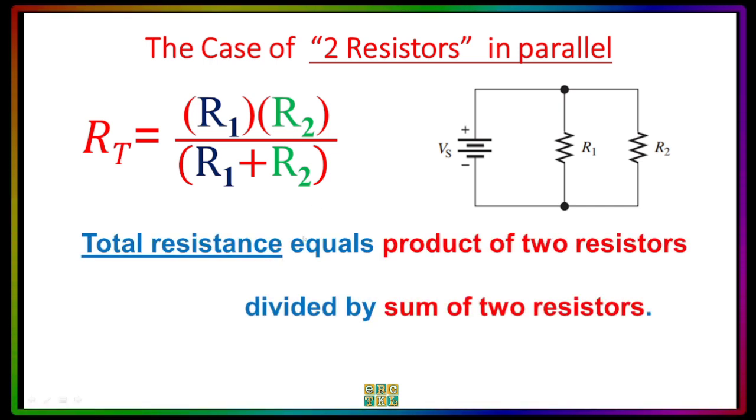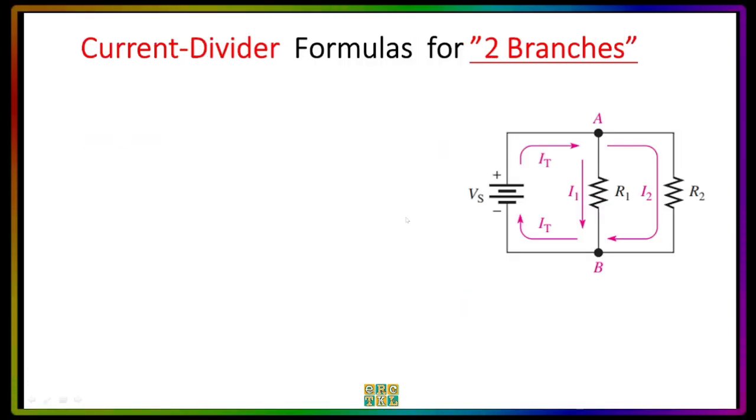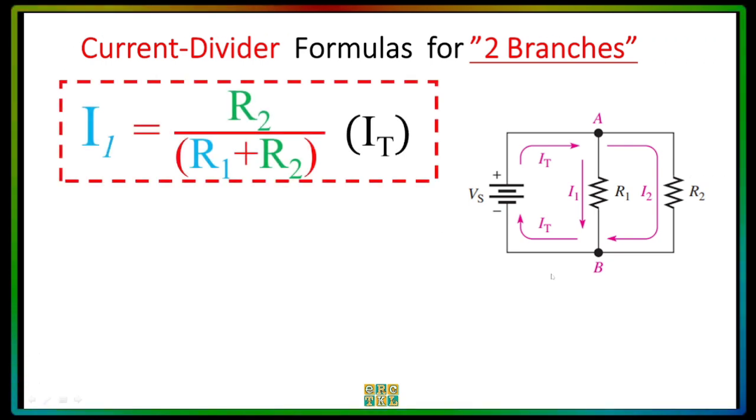So the total resistance of two resistors in parallel, this is a special formula only applicable to two resistors in parallel. It will be the product of the two resistors, R1 R2, divided by the sum of the two resistors, R1 plus R2. The current divider formulas for two branches can also be used for the current this time.